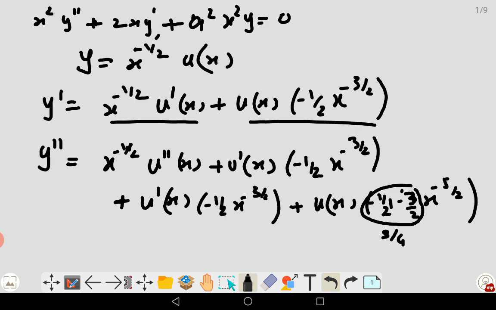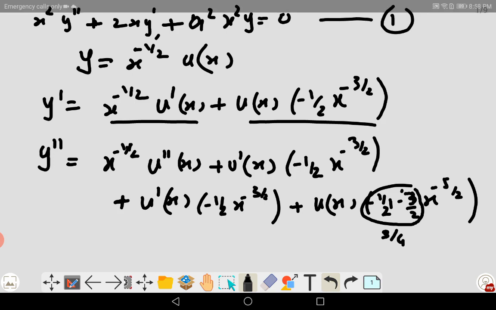So we got y dash, y double dash. Now we substitute them in equation number 1. We have to substitute y double dash here, 2x times y dash and a square x square times y. The next page will do it.